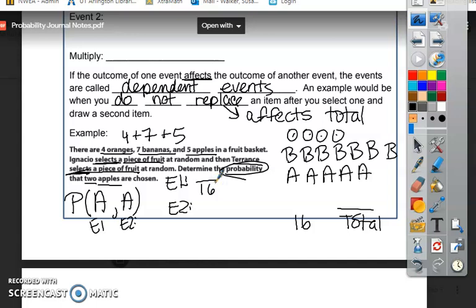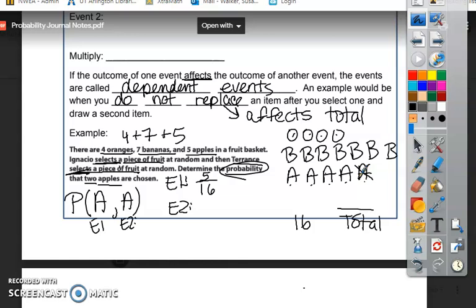How many are an apple? 1, 2, 3, 4, 5. So there's 5 apples. He has 5 chances. How many apples is Ignacio selecting? It says he selects a piece of fruit. He's selecting 1. Now we are assuming for this that he gets an apple. He has 5 chances to get it.